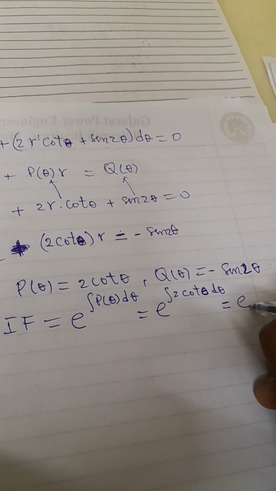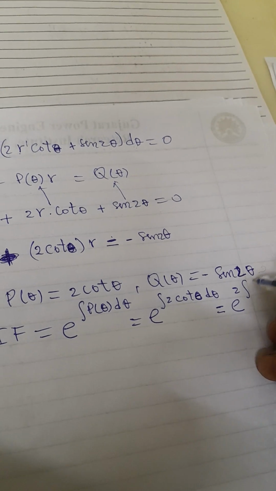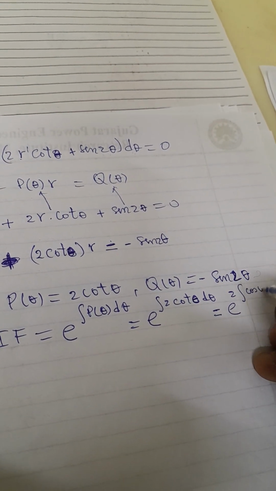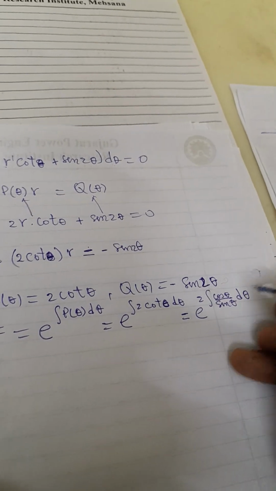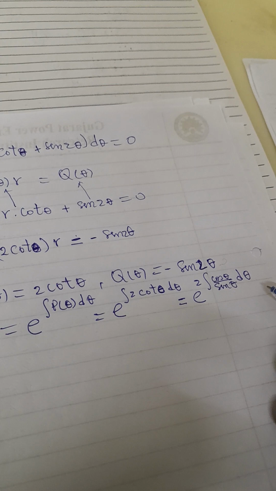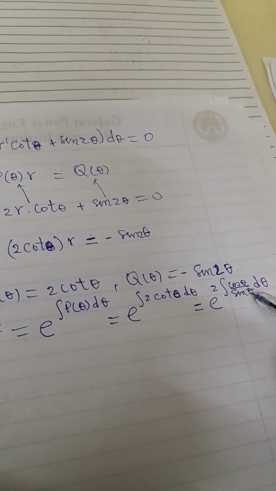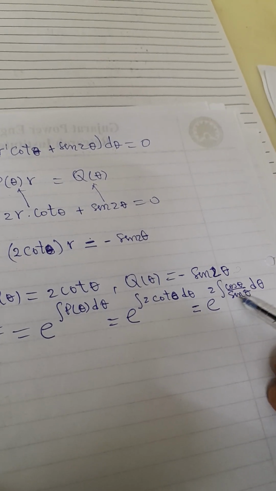So this will be e raised to, 2 can be taken out, then cotangent is cos theta upon sine theta d theta. Is this okay? Now see, above we have cos theta and here we have sine theta. So cos theta is the differentiation of sine theta.